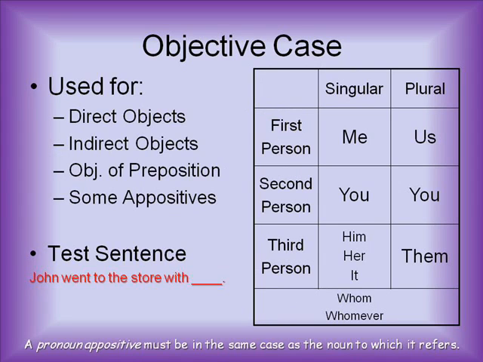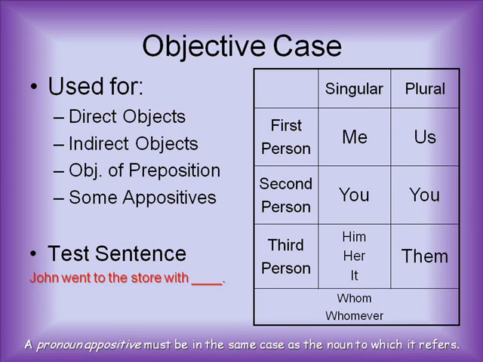So here's my slide where I've taken off that part about the objective case. And again, we have the singular and the plural in all of the first, second, and third person. As I said before, the objective case is used for direct objects, indirect objects, and objects of the preposition.